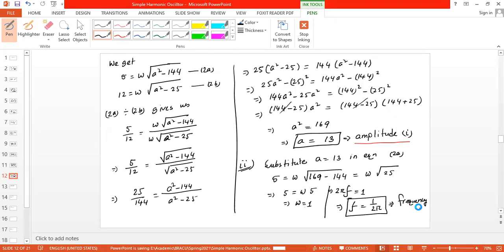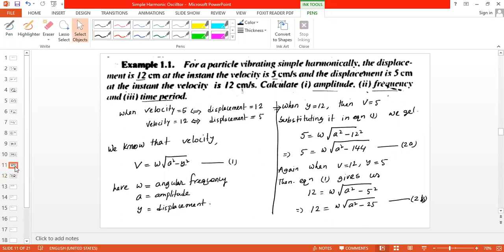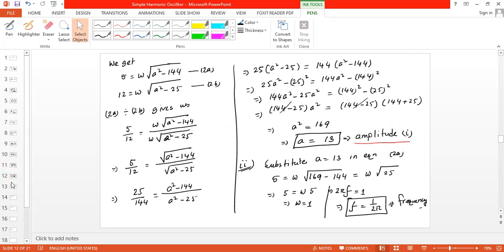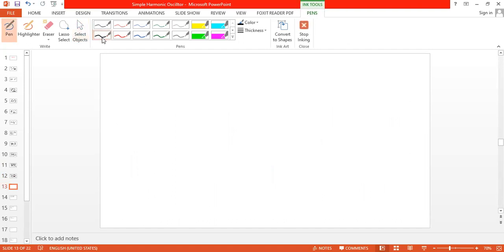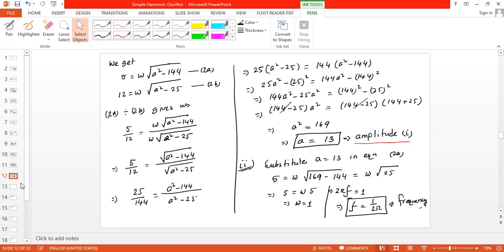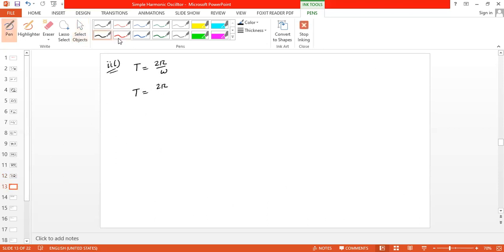And then in part 3, they were asking us to find the time period. The time period is also easy to find out. Once we know omega, we know the time period T equal to 2 pi over omega, right? In this case, omega is equal to 1, so T is 2 pi by 1, which is 2 pi seconds.